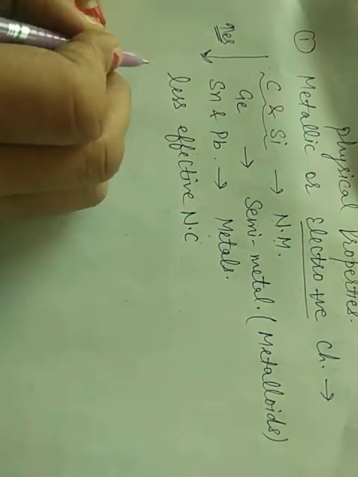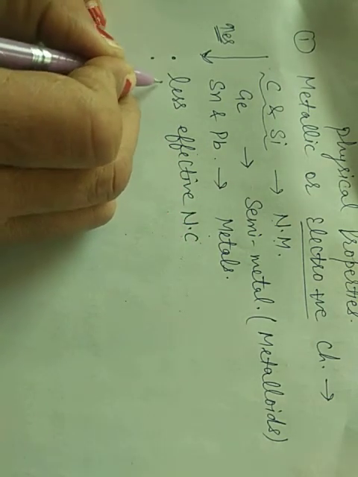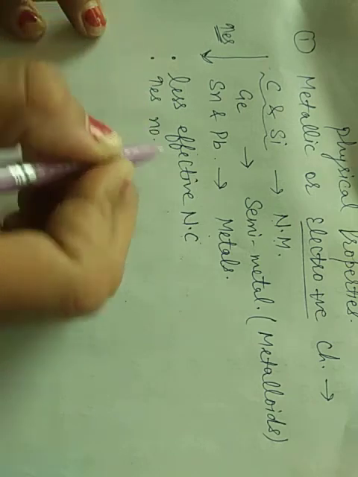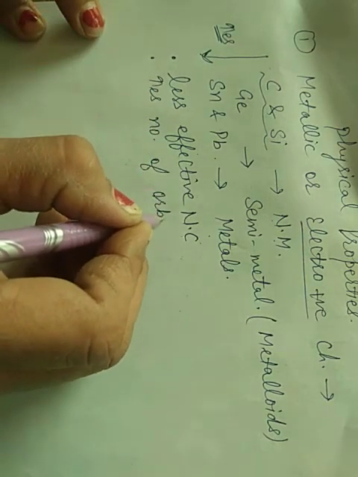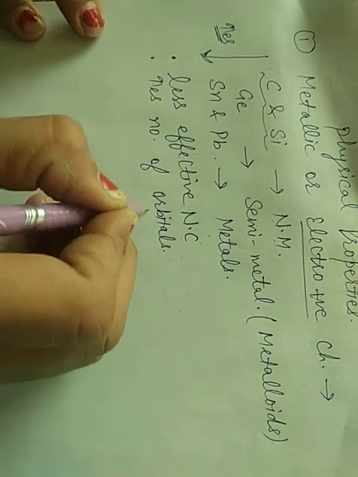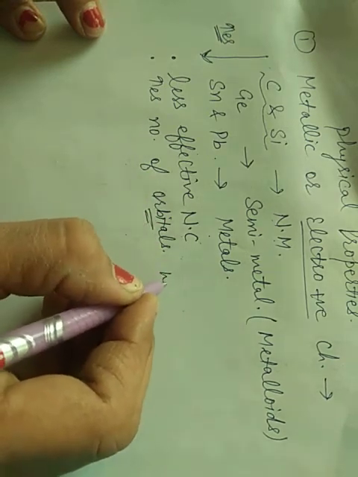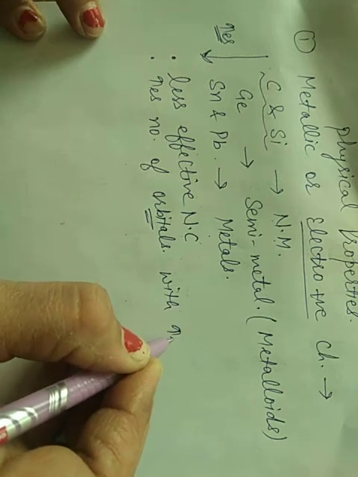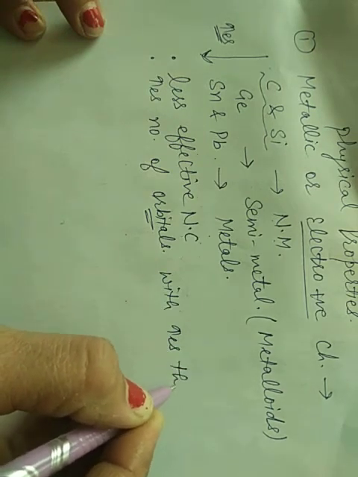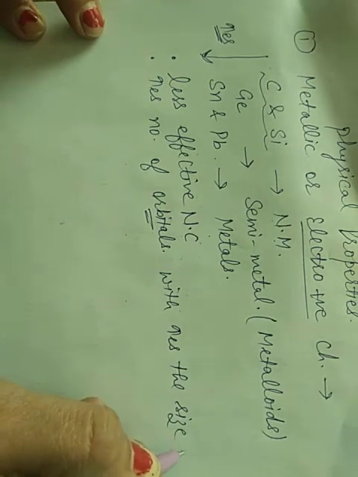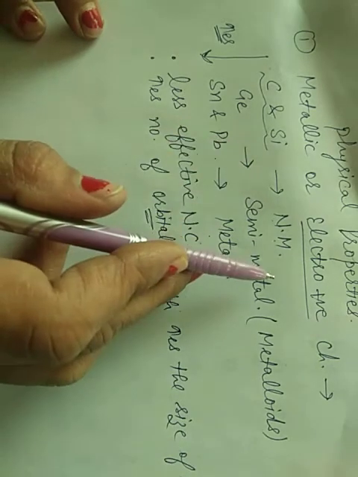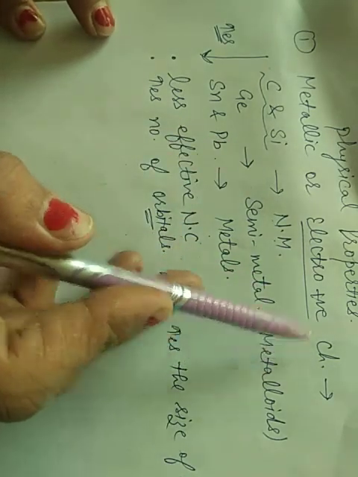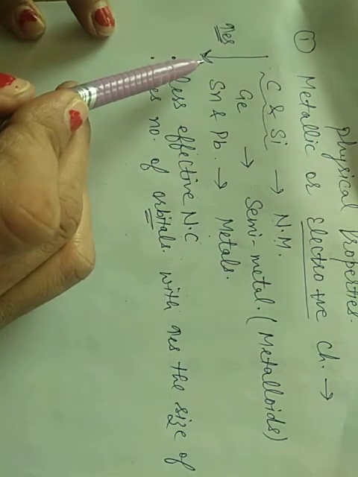Second is the increase in the number of orbitals with increase in the size of the atom. So that's why metallic character increases down the group.